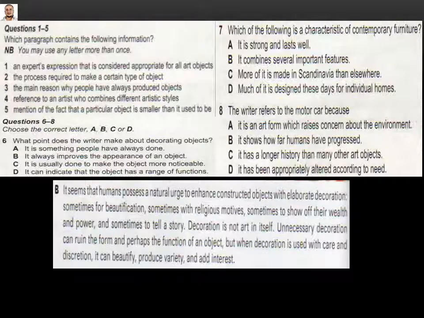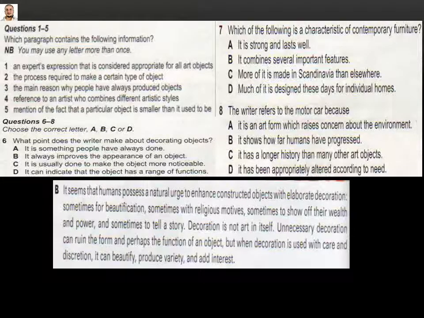Decorating is not art in itself. Unnecessary decoration can ruin the form and perhaps the function of an object, but when decoration is used with care and discretion, it can beautify, produce variety, and add interest.